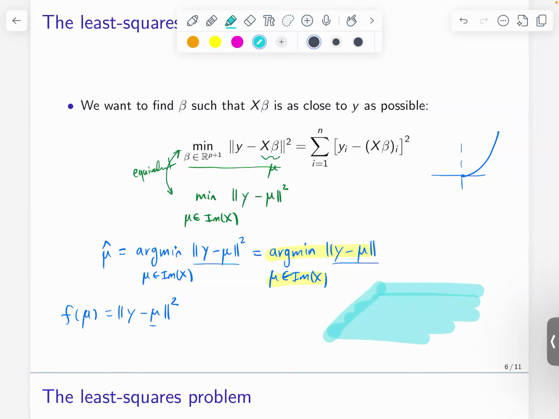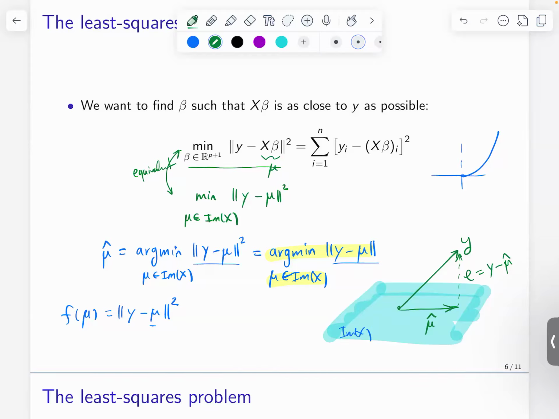So you have this image of x, and we have y here, potentially outside this image. The image is a linear subspace, and I'm looking at all the mu's in this subspace and looking for one, which we're going to call mu hat, such that the distance to y, which is the size of this vector, which I'm going to call e, y minus mu hat, is minimized among all possible vectors.